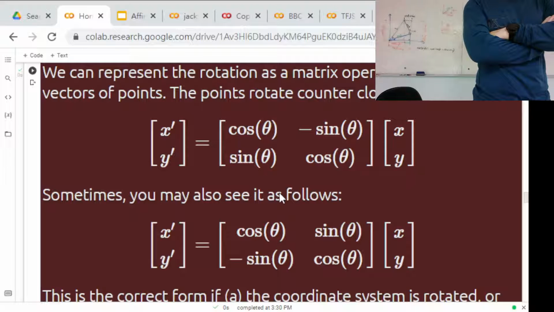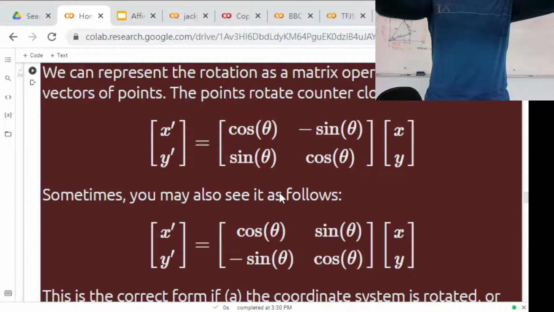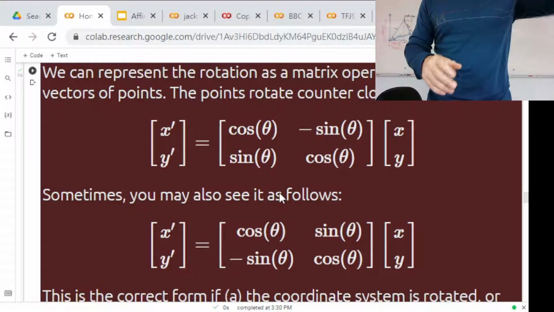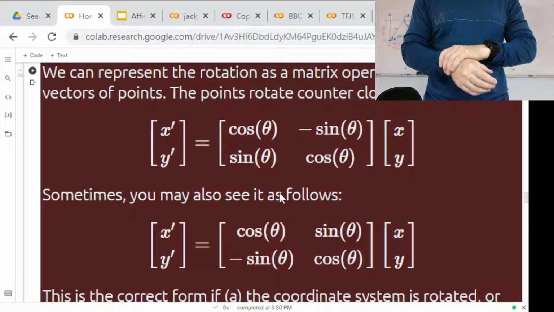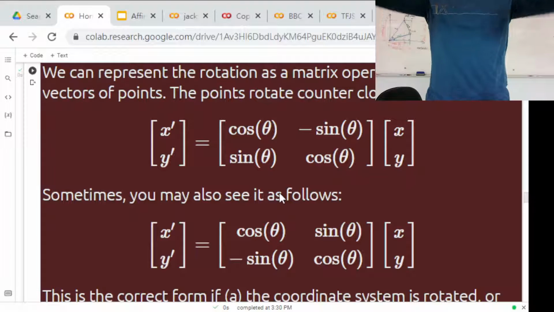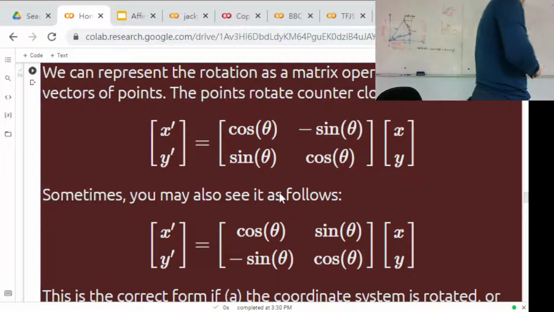It's the same as the translation. If you have a scene and the scene rotates, then the first one is correct. Cos theta, negative sine theta in the first row. If the camera moves and the scene stays constant, then that's the same effect as rotating it in the other direction.